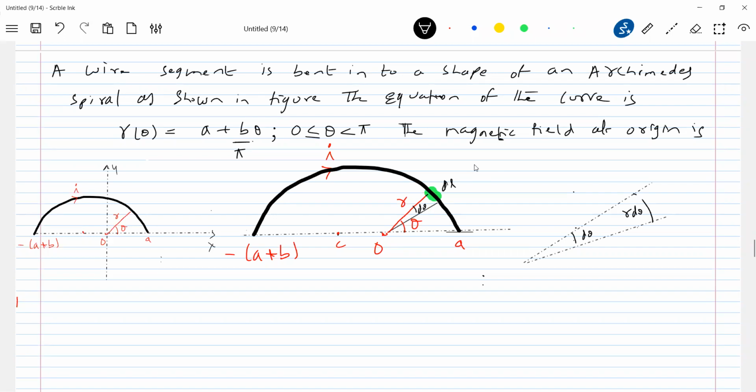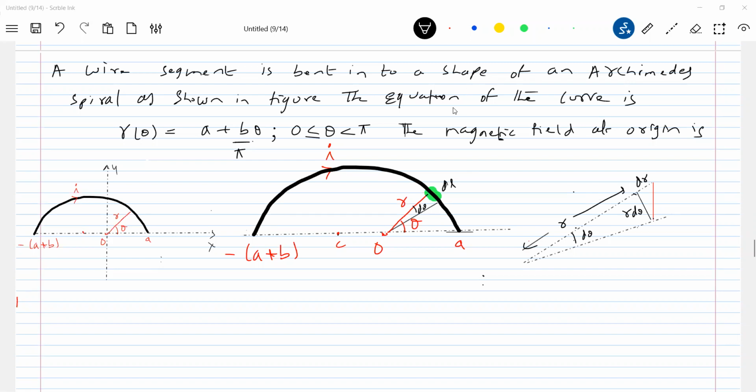So here, this length is r, this length is r. This is dr. Now look at why we should assume it like this.